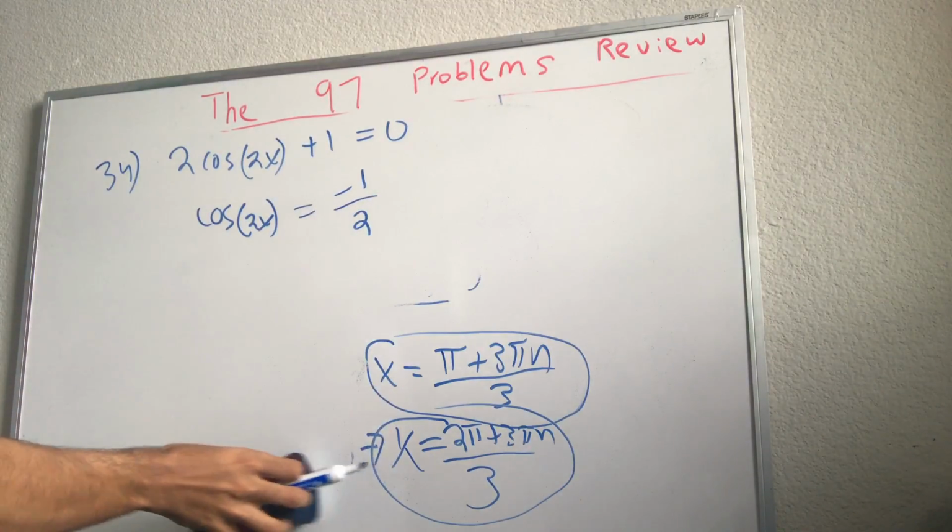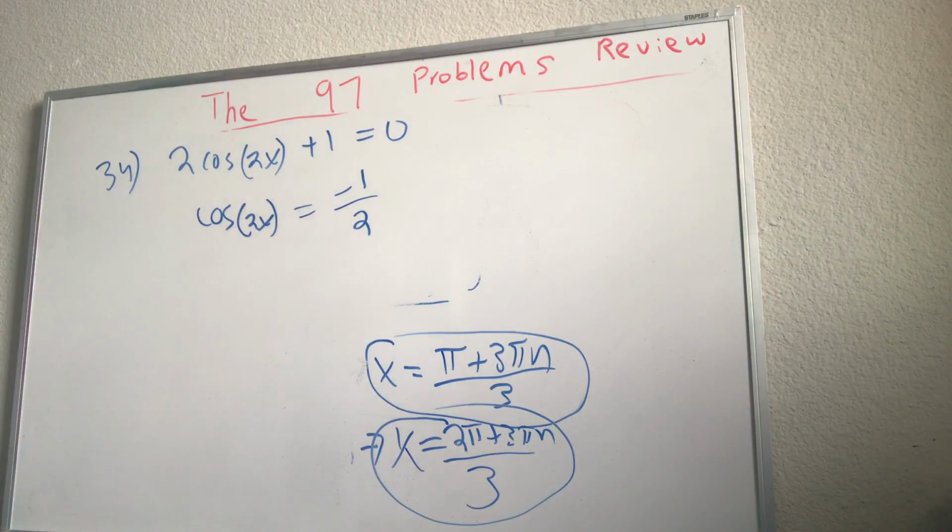Because n is just an integer value, you want to plug in 0 for n, then 1, then 2, and all x values satisfy as long as they are not going over 2 pi. It has to be within that range from 0 to 2 pi.